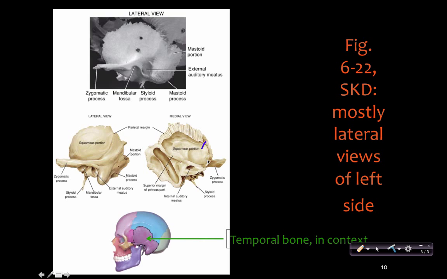Looking at pictures here, again outlined, here's the temporal bone in the context of all of the other bones. This is a lateral view of the temporal bone as we look at it. And again, you don't see all the parts of it that are important to us in this particular view. In a slide or two, I'll show you all of these.